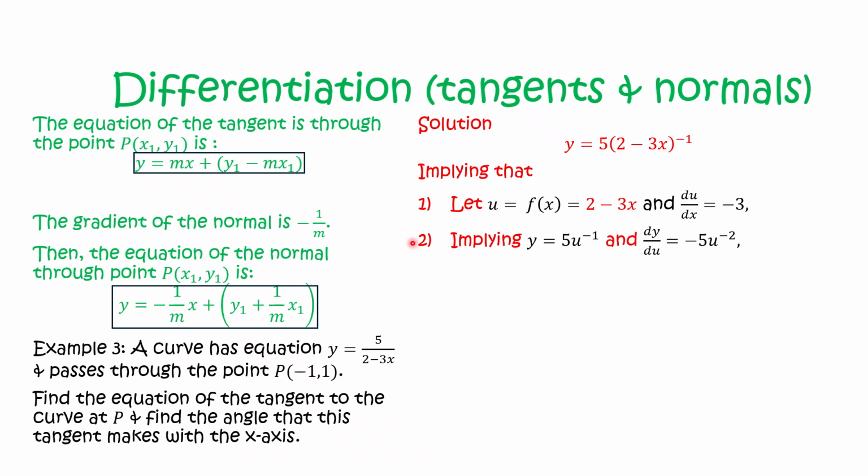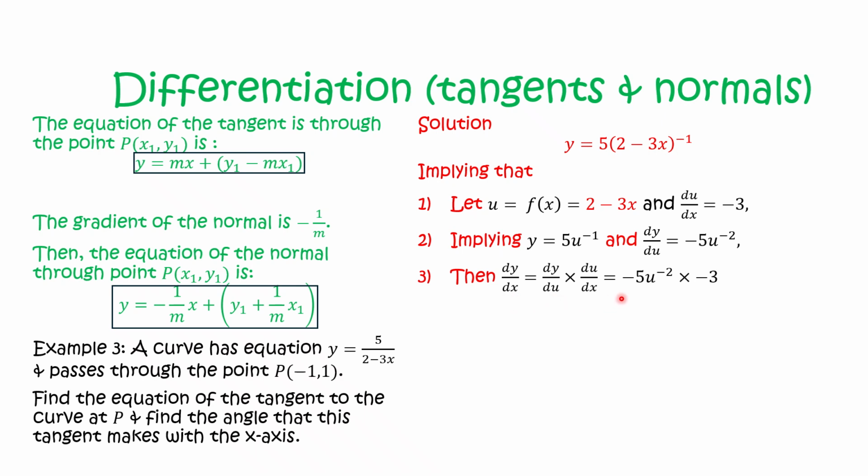The second step is to find dy/du, since we know that when we substitute u for 2 minus 3x, we get y equal to 5 times u to the power minus 1, implying that dy/du is equal to minus 5 u to the power minus 2.